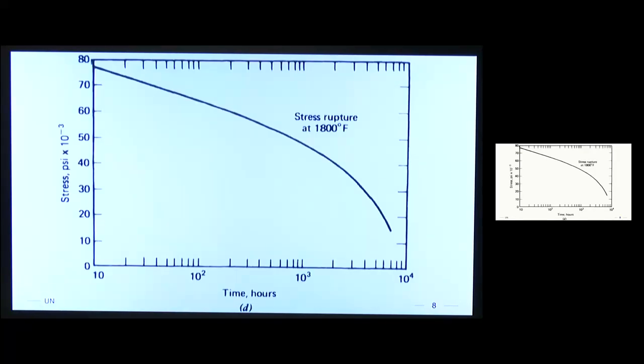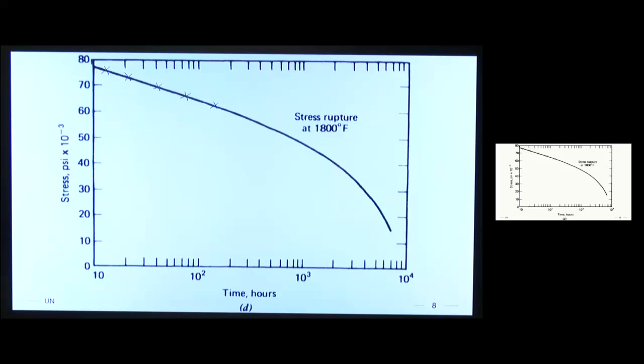And I misdescribed this in the last lecture. I said this was a stress relaxation experiment. It is not a stress relaxation experiment. What it is is many data points along here of the stress at which we would expect a stress rupture if this is held for a certain amount of time, right? Or that was measured at a certain amount of time.